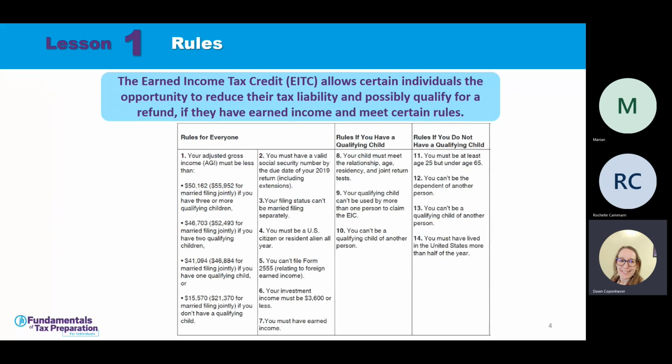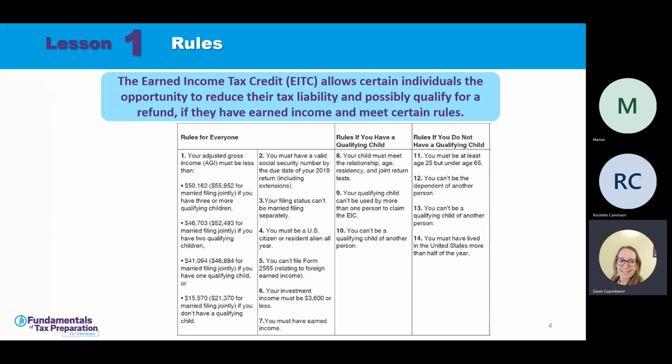Your adjusted gross income must be, and these are last year's numbers, 2021 numbers, increased for the 2022 tax year, but we obviously didn't have those numbers when these lesson plans were created. So for 2021, your adjusted gross income had to be less than $50,162, or $55,952 if married filing jointly with 3 or more children.